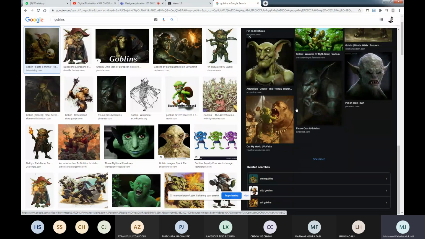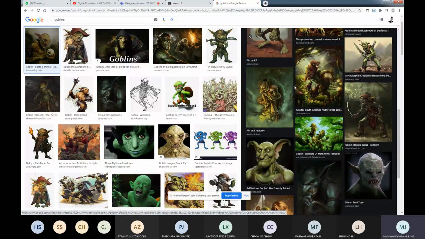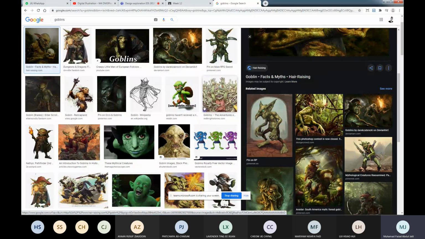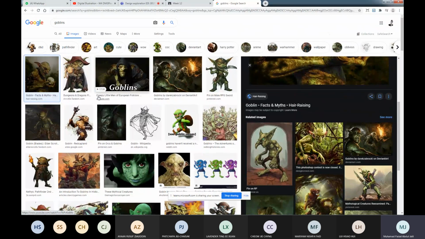This kind of visual input that you capture into your mind subconsciously builds some important visual libraries in your mind that will enhance your imagination later on in the future.